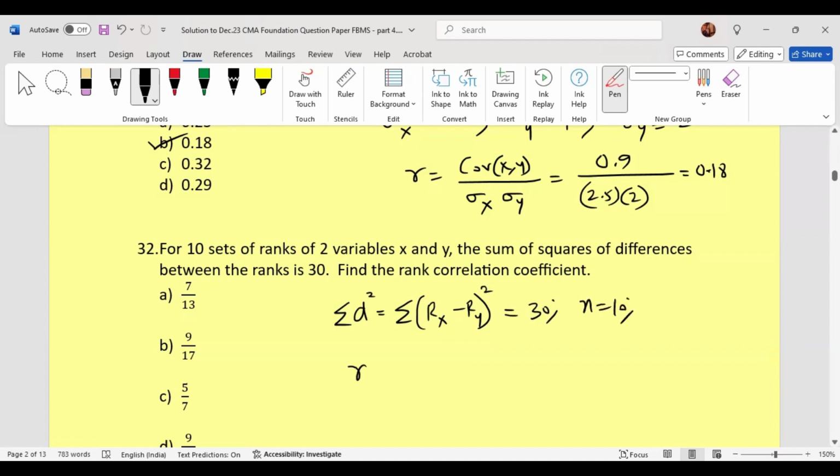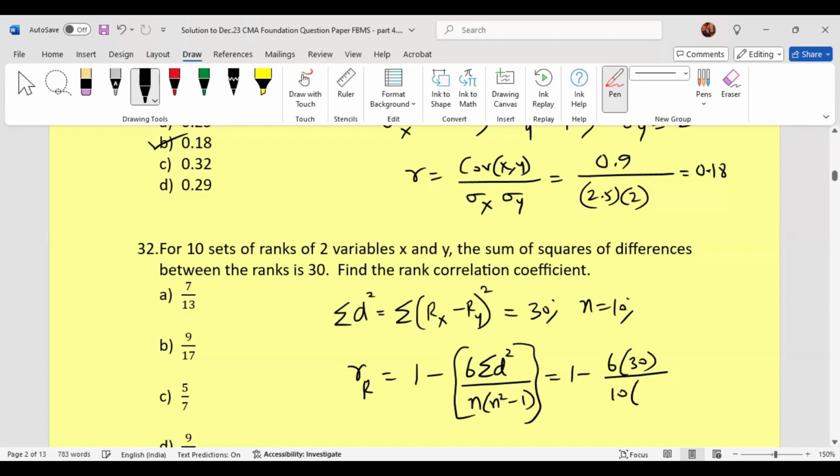So rank correlation coefficient will be 1 minus of 6 times summation d square by n into n square minus 1. So that will give us 1 minus of 6 times 30 divided by 10 into 10 square. 10 square is 100. 100 minus 1 is 99. This goes 3 times.